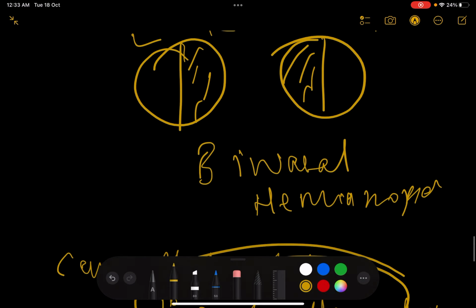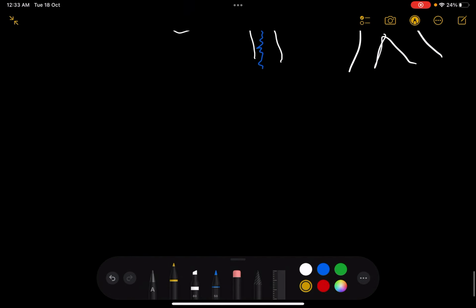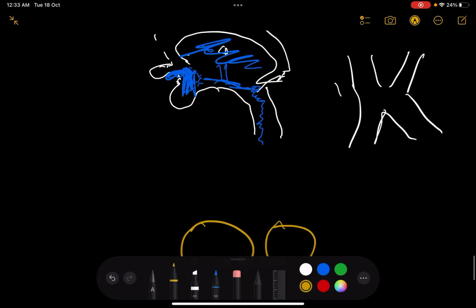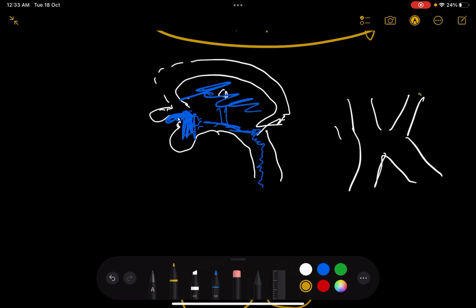They are carrying the ipsilateral temporal fibers and the contralateral nasal fibers. That's basically it. So because it's the ipsilateral temporal fibers that are affected, I'll draw it out here, it's this fiber and it's this fiber that is present, right? So it's gone. So this is the nasal and this is the temporal fibers. That means these are the nasal field and this is going to be the temporal field, correct?